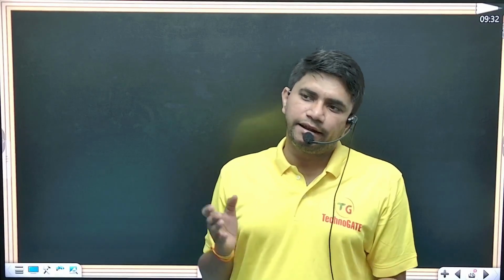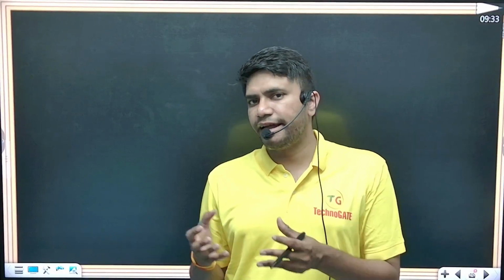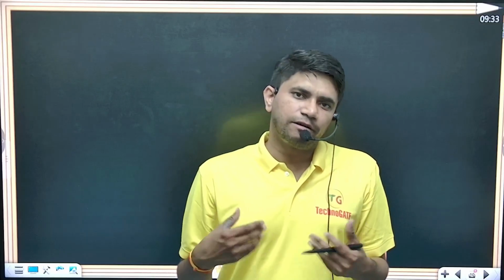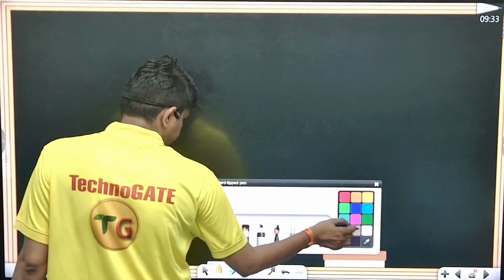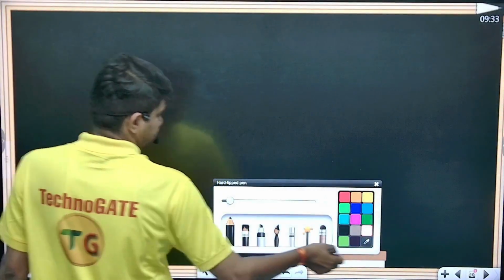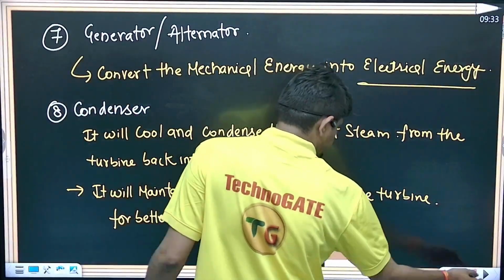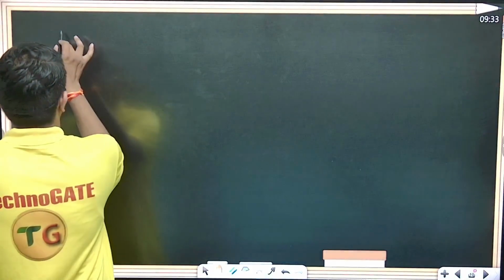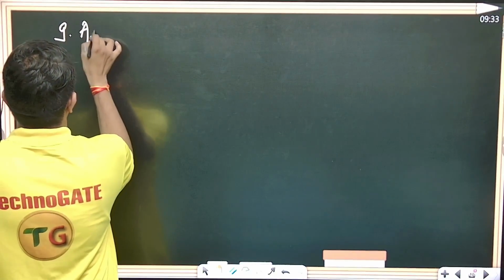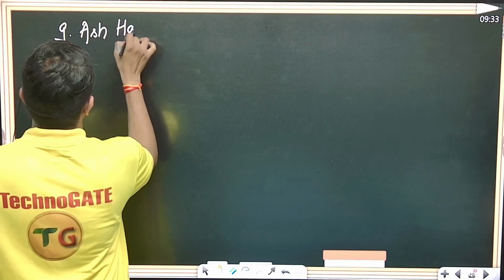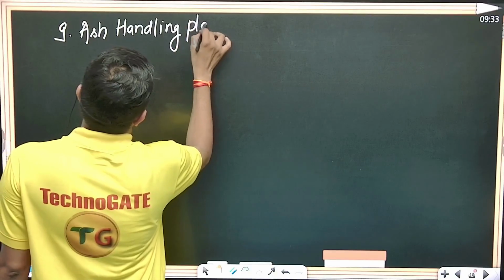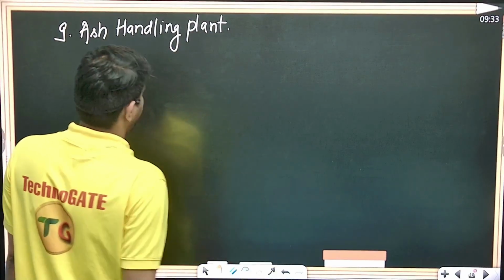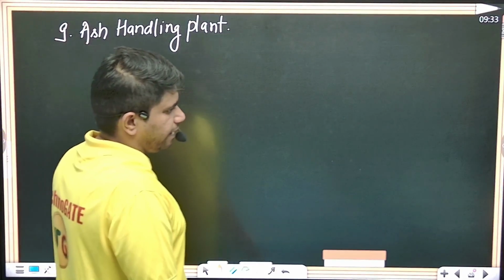To take care of the ash produced from the combusted coal. Please write it down. Ash handling plant, number 9.